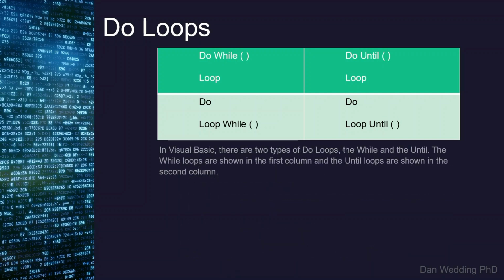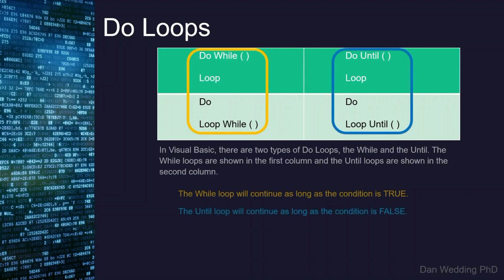In Visual Basic, there are two types of do loops, the while and the until. The while loops are shown in the first column, and the until loops are shown in the second column. The while loop will continue as long as the condition is true. The until loop will continue as long as the condition is false.